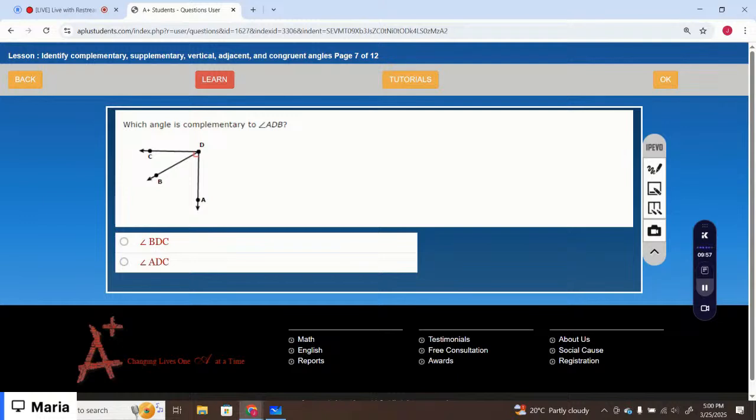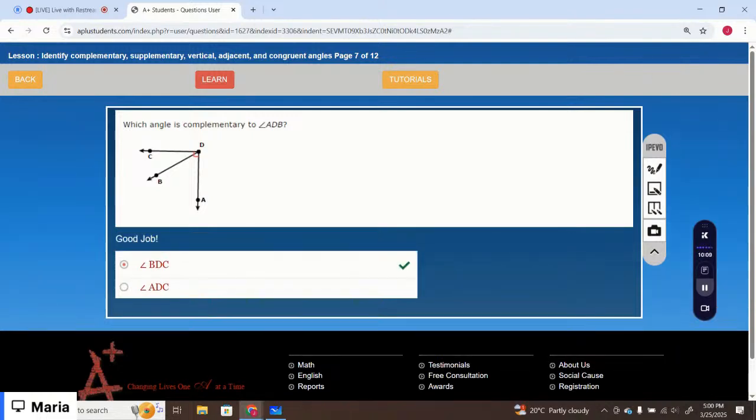Which angle is complementary to angle ADB? The angle that is complementary to angle ADB is BDC. Option number 1 is the correct option, and that is angle BDC.